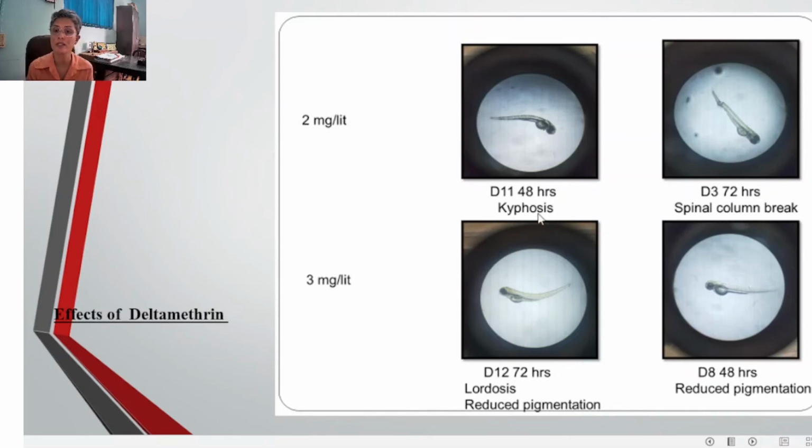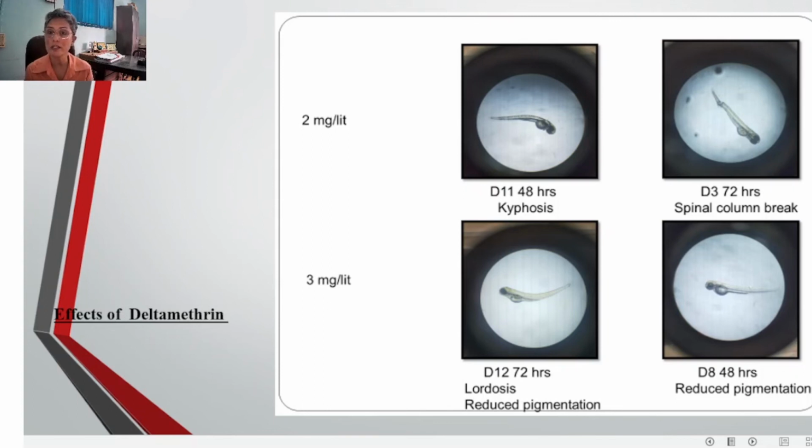The kyphosis is there. Spinal column breakup once again, and the lordosis, reduced pigmentation are also observed. Pigmentation can be seen very clearly in the larval stage of the zebrafish.